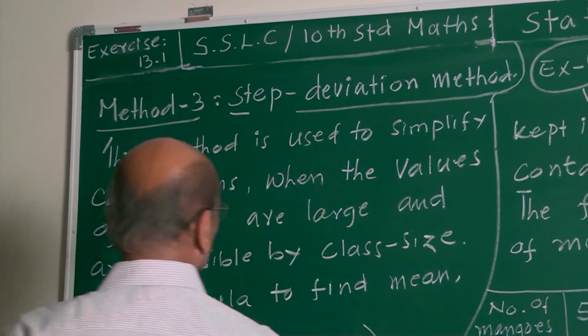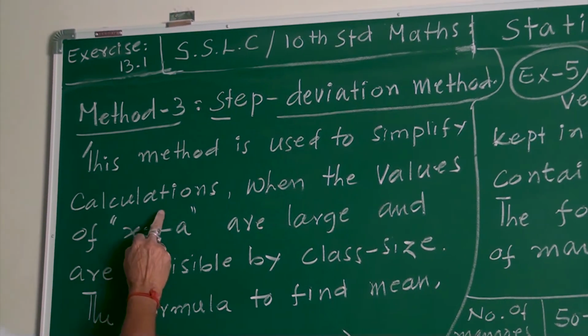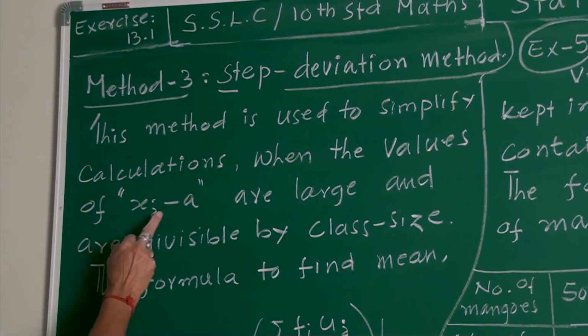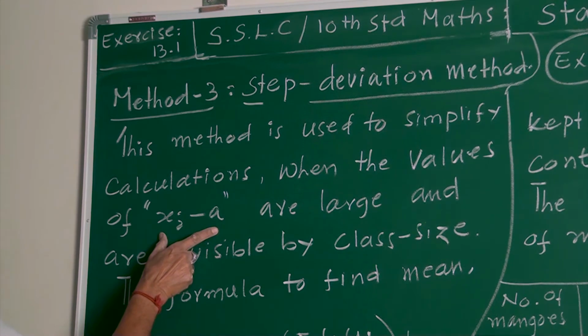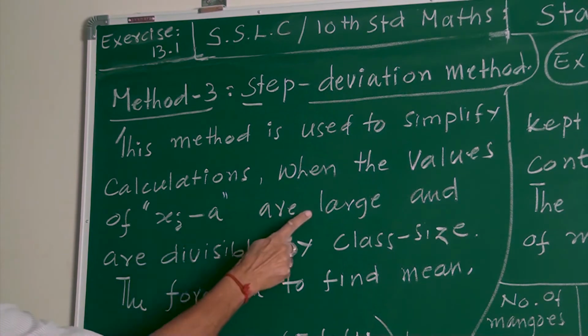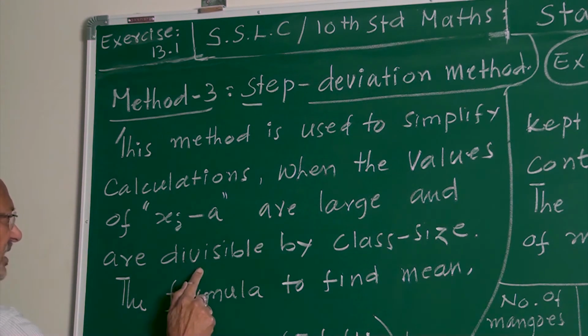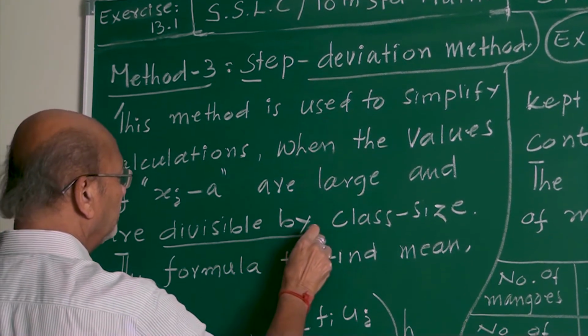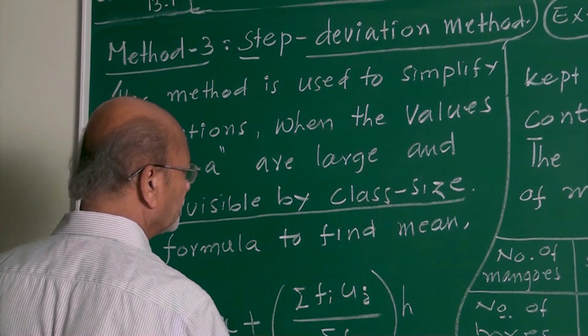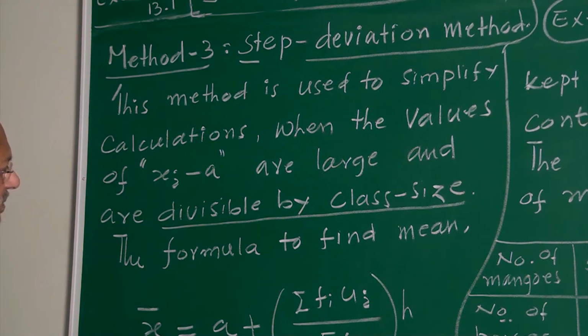This method is used to simplify calculations when the values of xi minus a, which is di, are large and are divisible by class size.